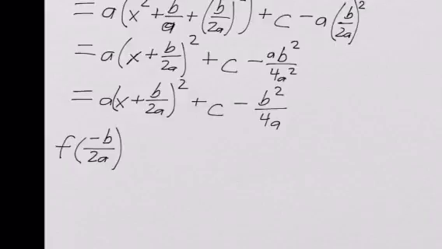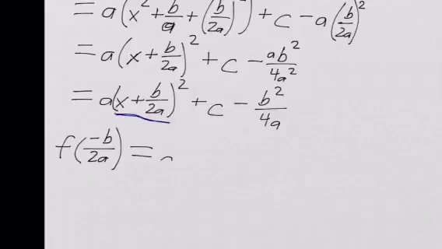And I'm going to go ahead and plug it into this vertex form that we have here, rather than the original equation. Everything we've done here is derived from that, so that's perfectly fine. So if I plug in negative b over 2a, that's just going to go to 0, so I'm just left with that c minus b over 2a.